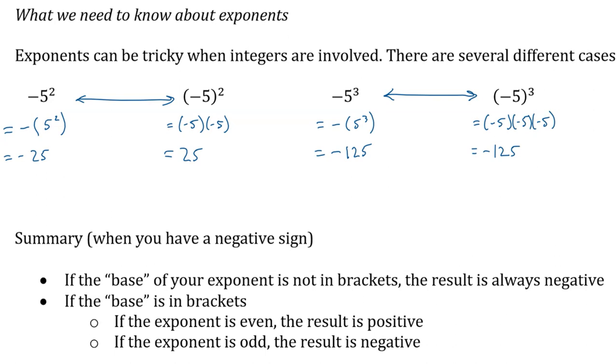If the negative is in the base, if the exponent is even, the result's going to be positive, because you're going to have an even number of negatives. If the exponent is odd, like the 3, the last example, then the result is negative, because you're going to have them pair off and have 1 left over.